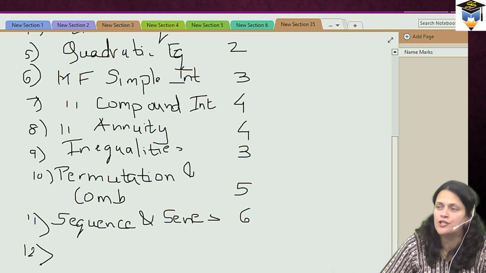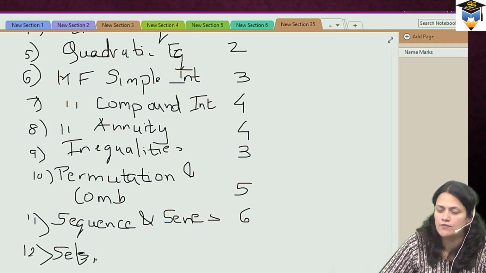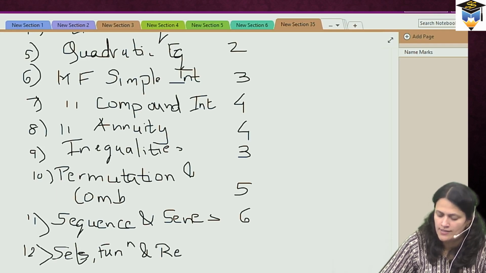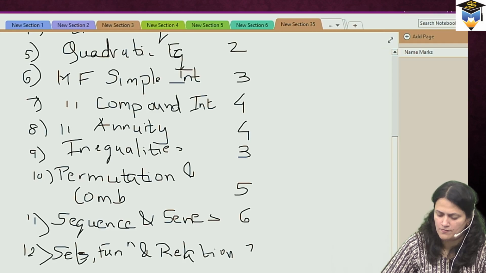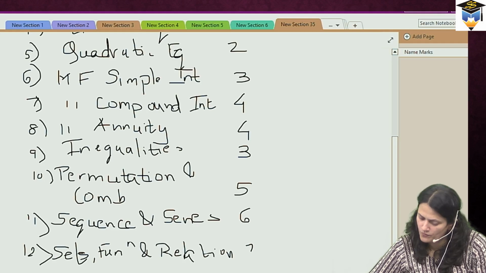Sets, function and relation, 7 marks. Sequence and series, I told you 6 marks.